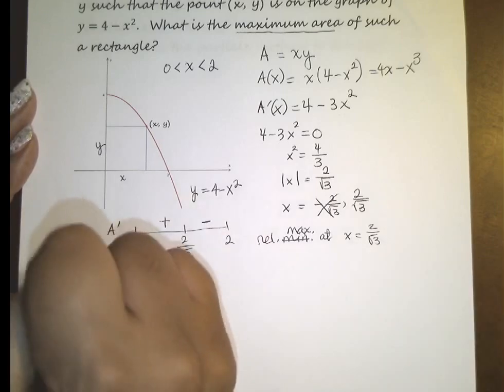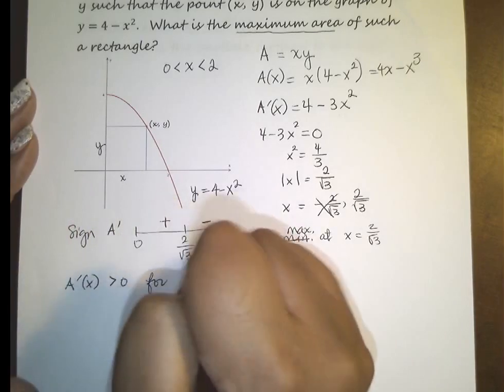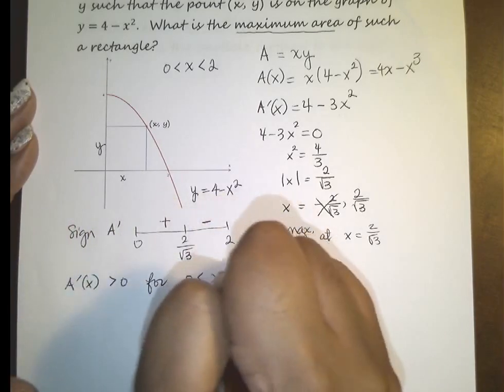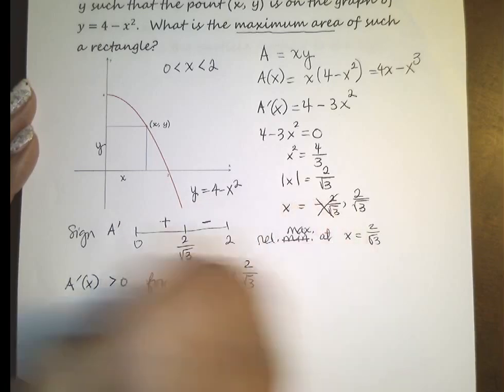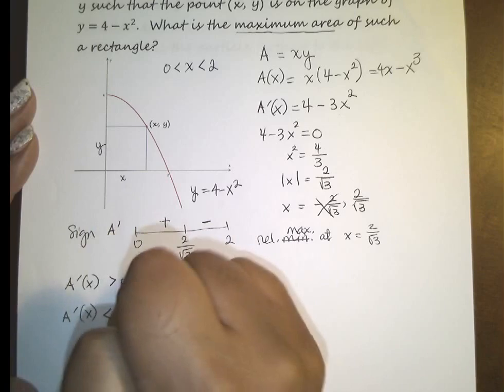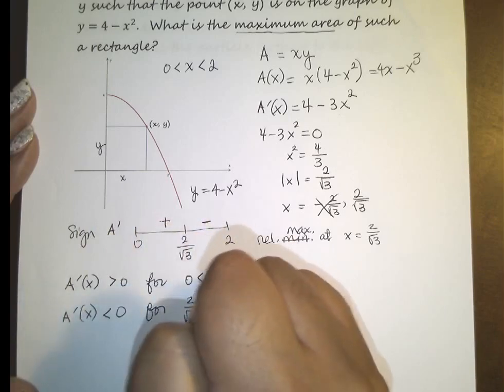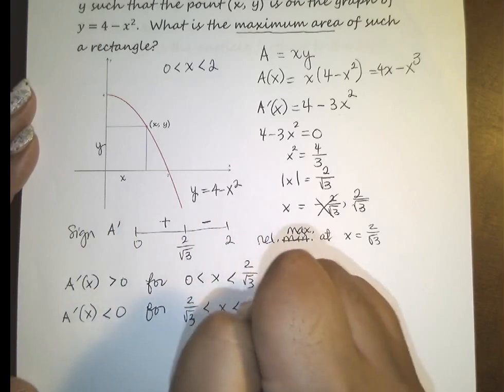A prime of x is positive for x between 0 and 2 divided by the square root of 3. A prime of x is negative for x between 2 over the square root of 3 and 2.